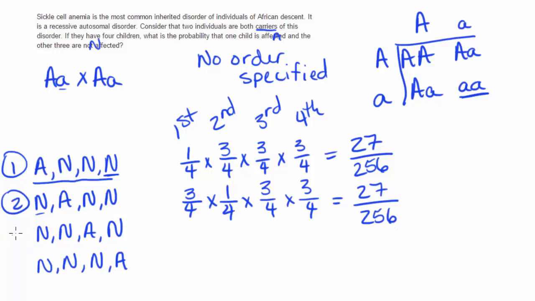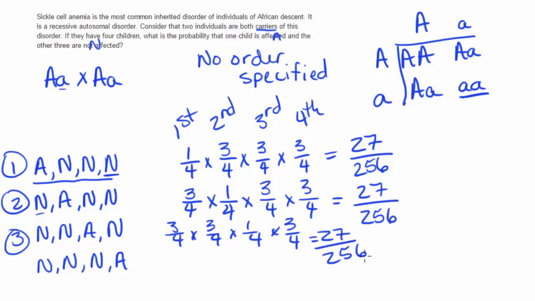Do the same thing for order number 3. This one you would have basically 3/4 times 3/4 times 1/4 times 3/4. Going to end up being the same thing again. And then for the very last one, order number 4, we would have 3/4 times 3/4 times 3/4 times 1/4.